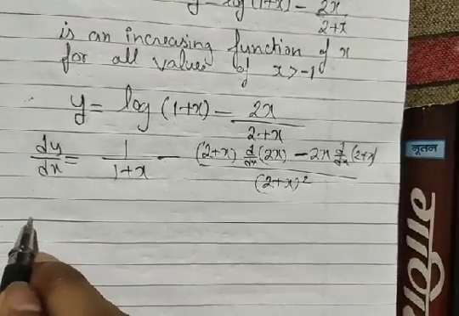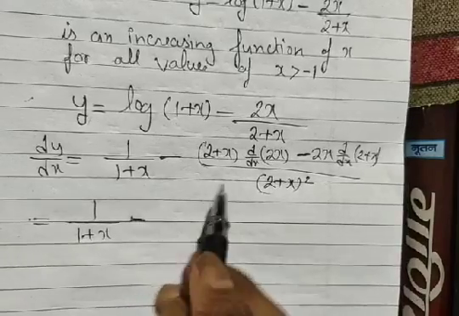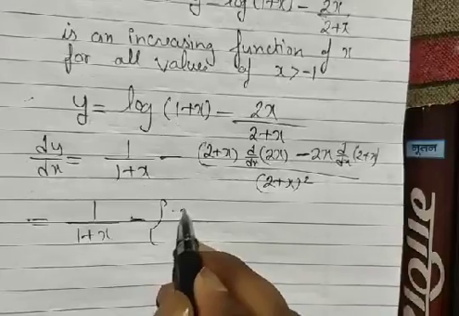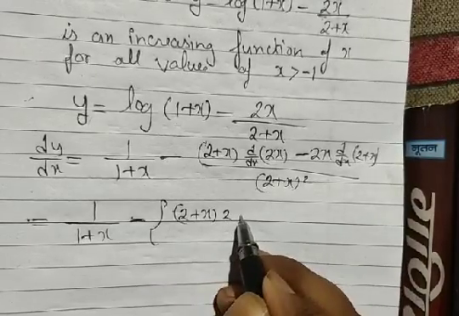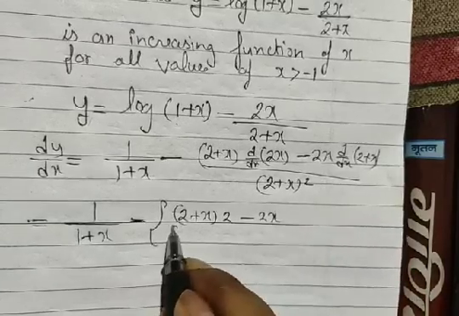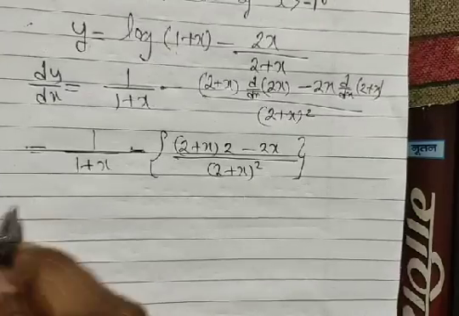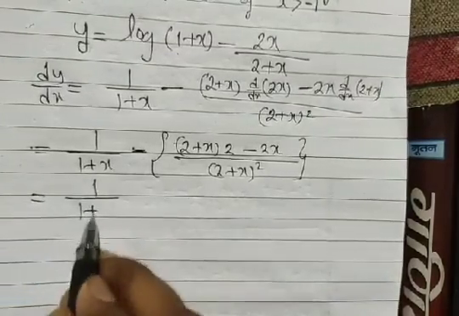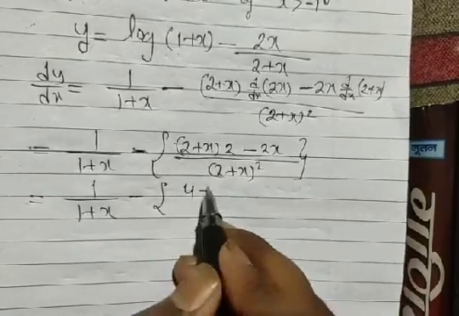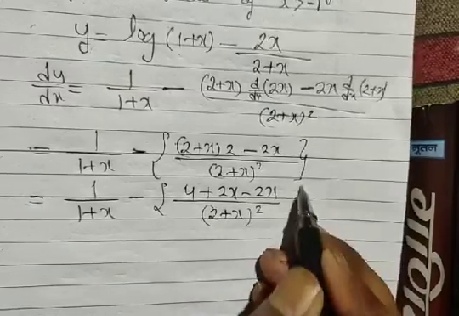So we have 1 upon 1 plus x, then 2 plus x into 2 minus 2x into 1, and there is no change, it's 2 plus x whole square. Now we have 1 upon 1 plus x minus, 2 into 2 is 4 plus 2x minus 2x, upon 2 plus x whole square.